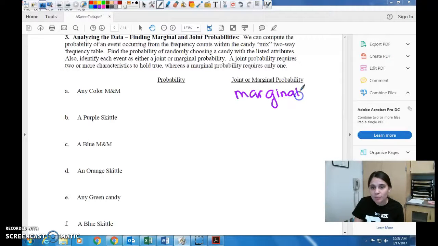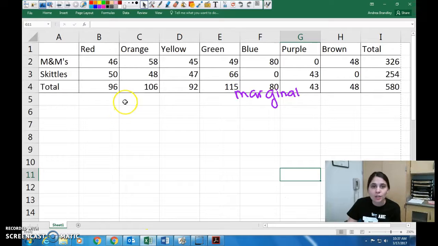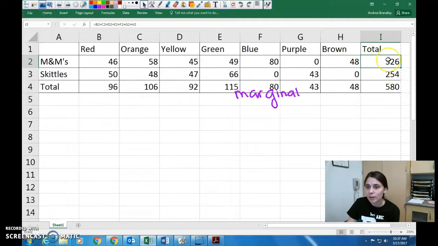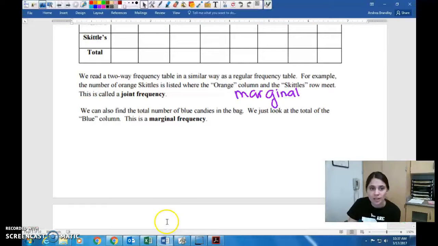And then we've got to find the probability of drawing any M&M, so I don't care what the color is. So I'm going to come back to my frequency table, and I don't care what color M&M it is, I just care that it's an M&M. So I have 326 M&Ms, and I have 580 total bags. So I'm going to do 326 divided by 580 to find the probability of drawing an M&M.